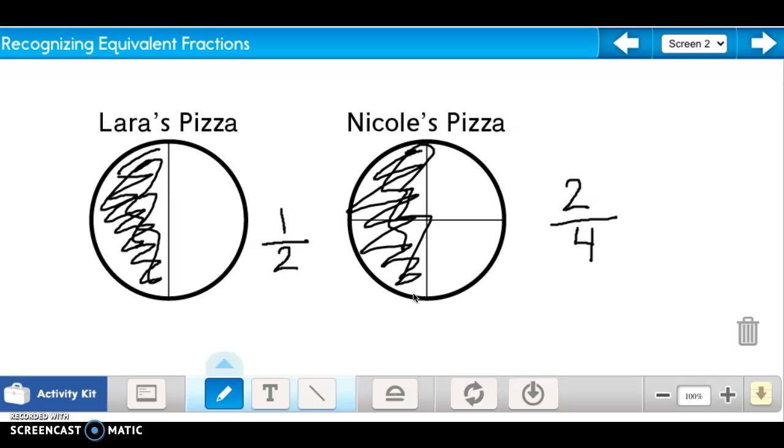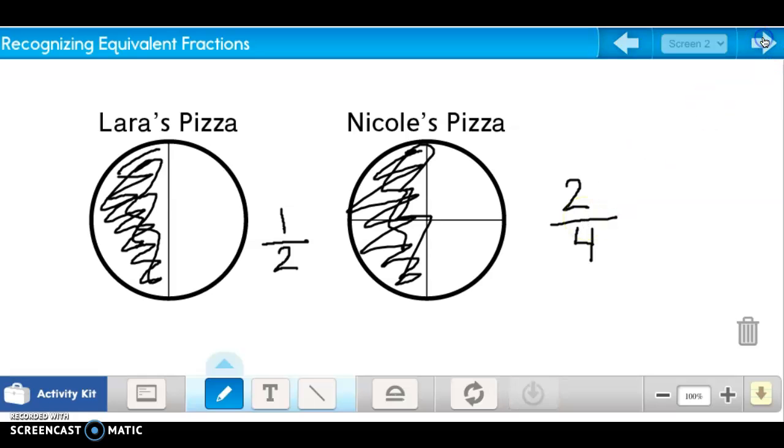Did they eat the same amount? Is the pizza the same size? Yes, it is. This is cut into 2, a half, and this is cut into 4, but it's the same amount. Look, this is the same amount that's shaded over here. So 1/2 is equal to 2/4.